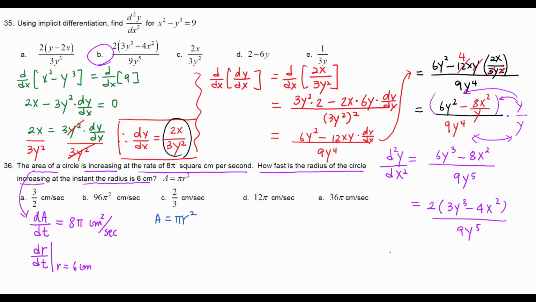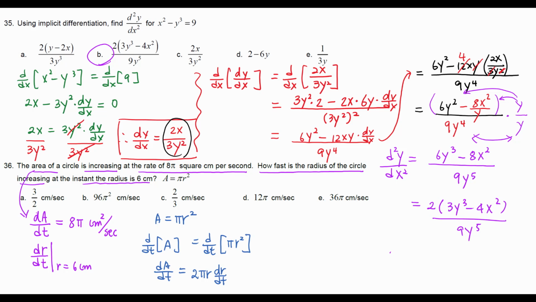And then you need to do the implicit differentiation. So we are going to take the derivative of both sides with respect to time t, A equals pi r squared. Then the derivative of A with respect to t is 1 dA/dt. And the derivative of pi r squared with respect to t is 2 pi r dr/dt.